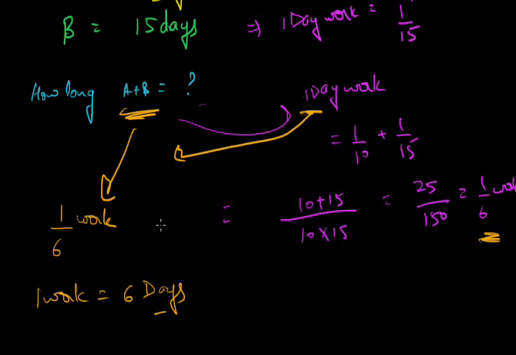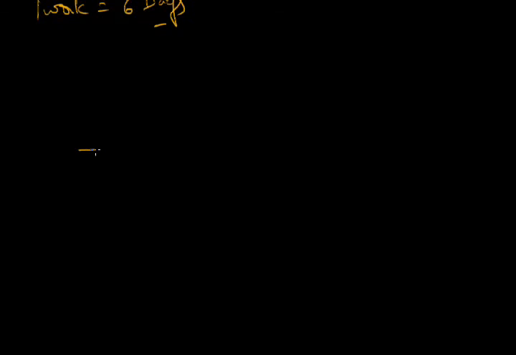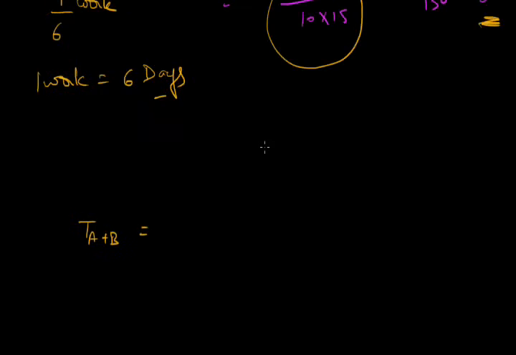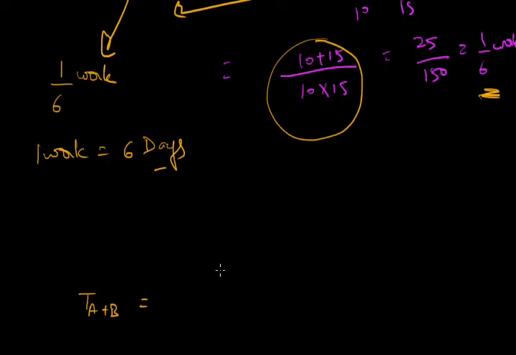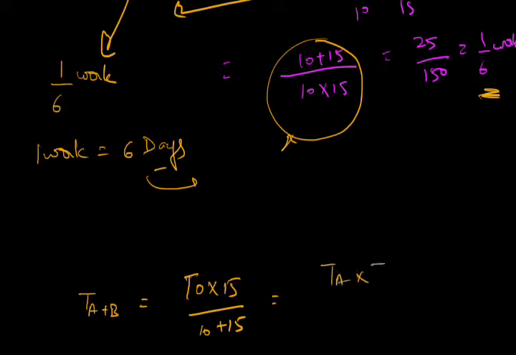So now let me tell you why I said do not take the LCM and directly cross multiply. See here. The time taken by A plus B, T(A+B), here is 6 days. It's the reciprocal of this quantity, so T(A+B) is 10 into 15 upon 10 plus 15, that is TA into TB upon TA plus TB.